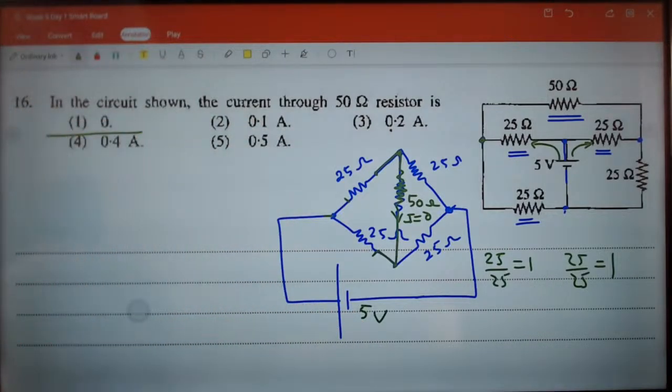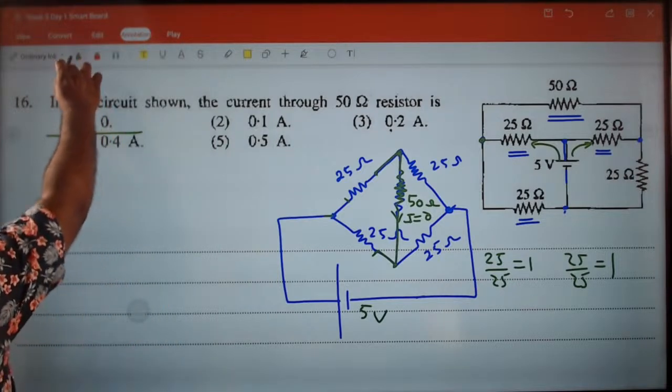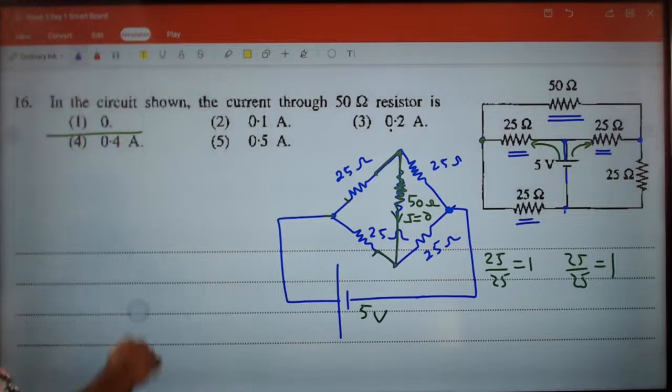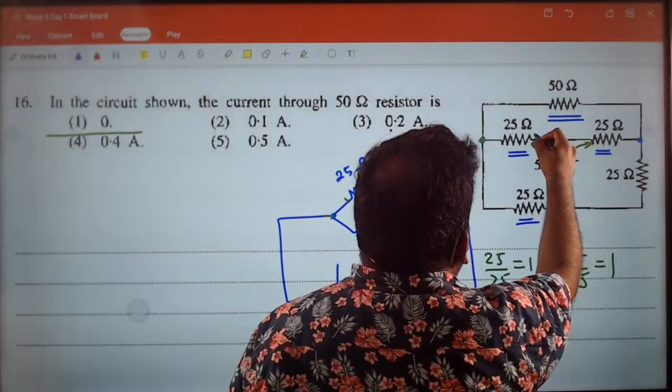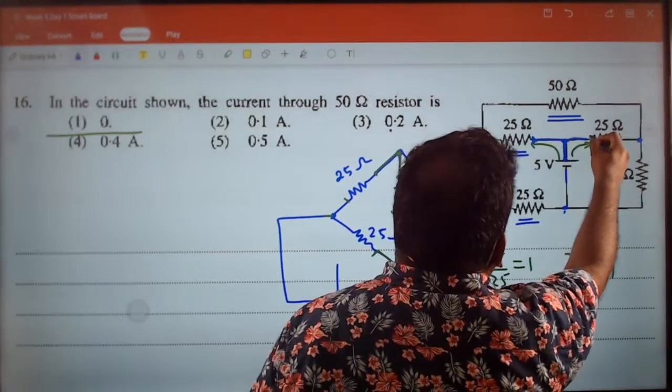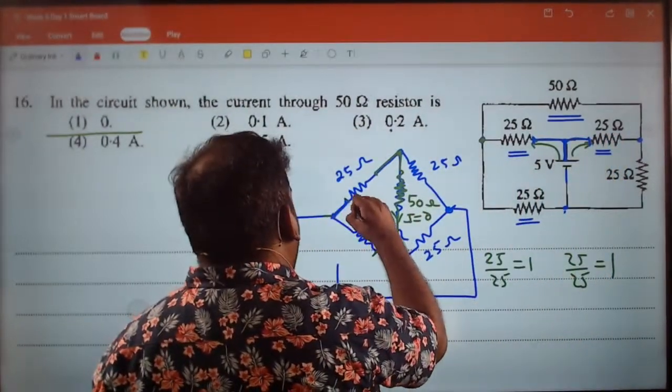We can redraw this as a Wheatstone bridge. Here, positive terminal one end, positive terminal other end.